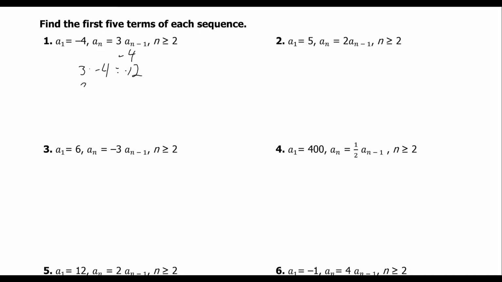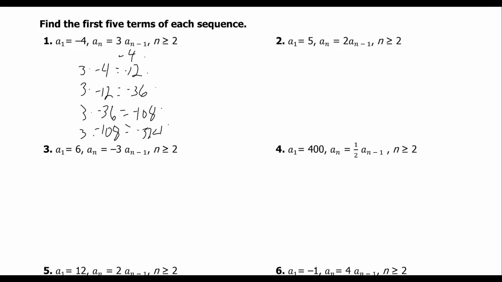Then 3 times negative 12 is negative 36. 3 times negative 36 equals negative 108. 3 times negative 108 equals negative 324. So that's 1, 2, 3, 4, 5 terms.